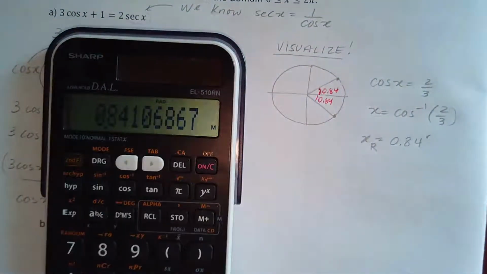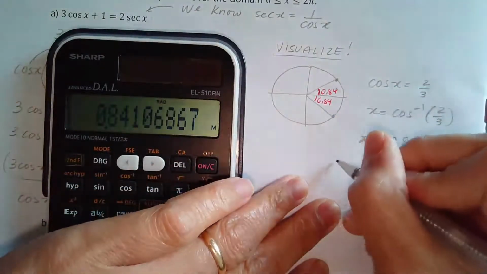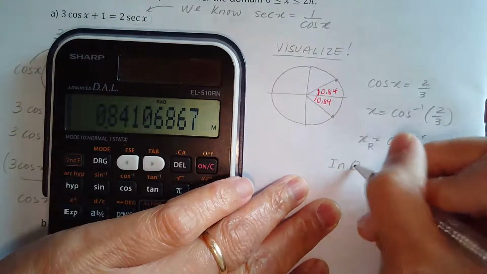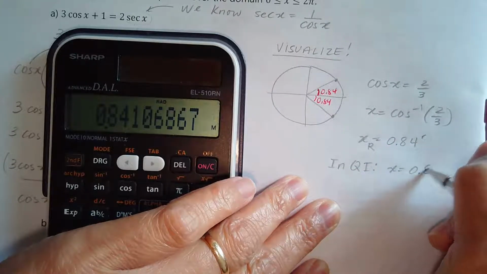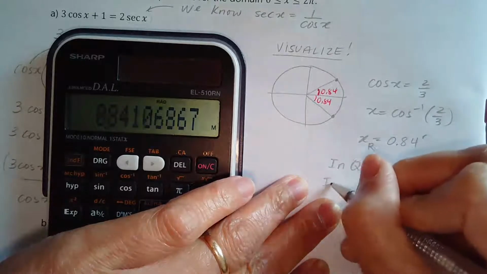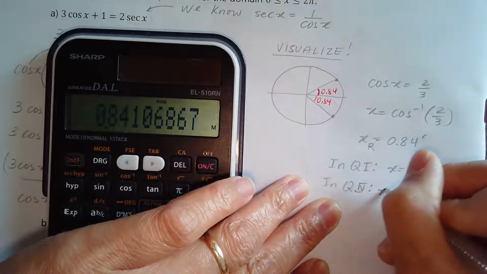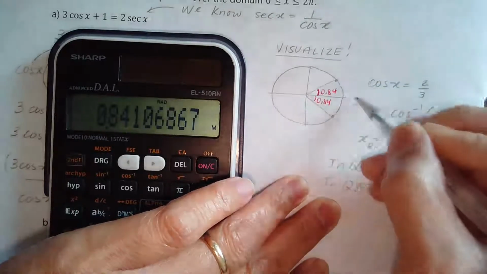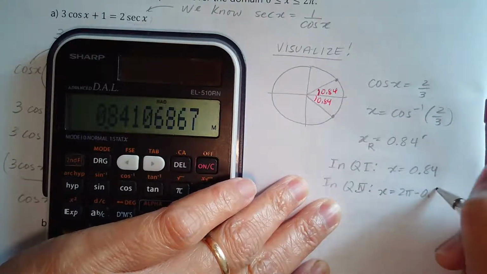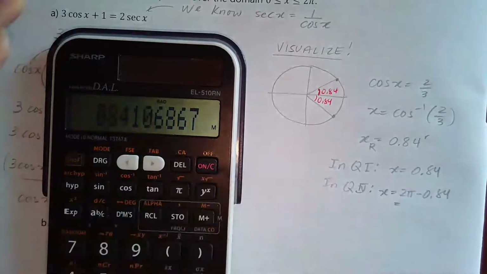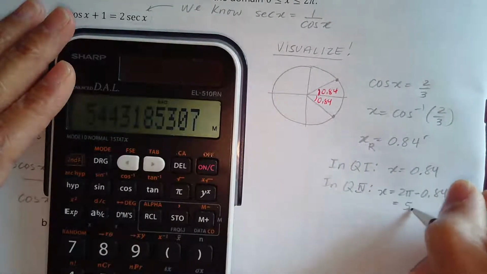So in quadrant 1, x is equal to 0.84, and in quadrant 4, x is equal to 2 pi minus 0.84, which is 5.44.